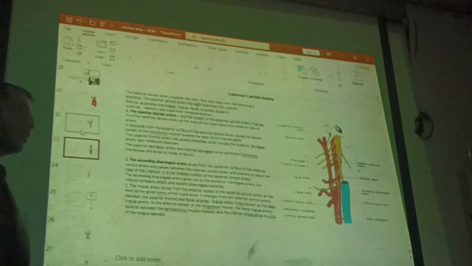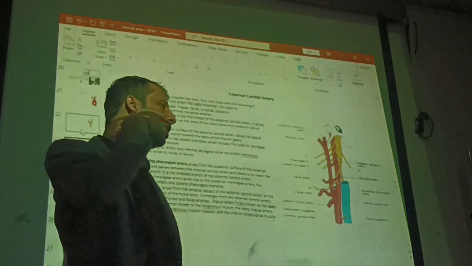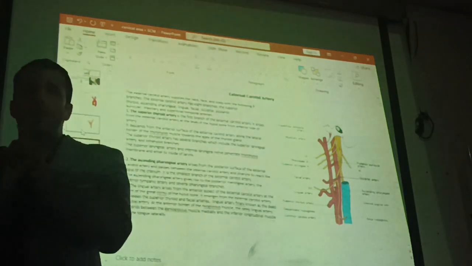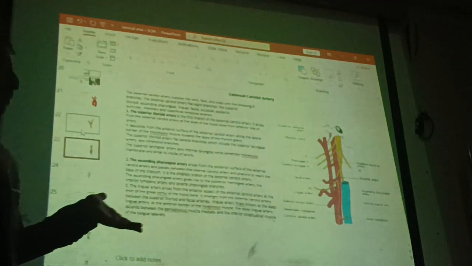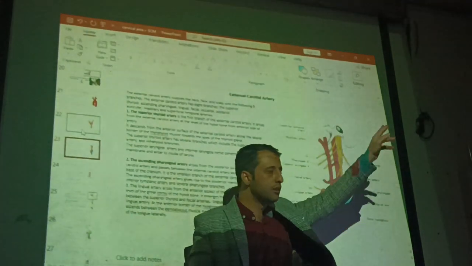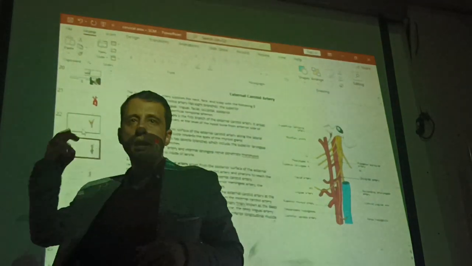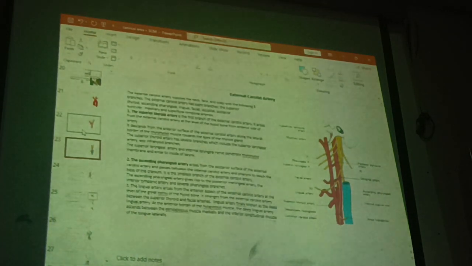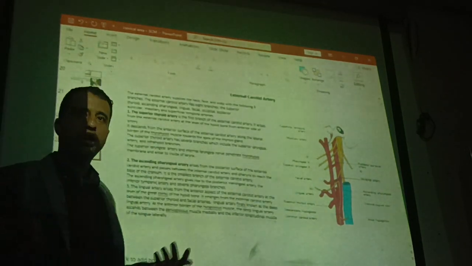When the external carotid artery arrives at the posterior surface of the parotid gland, it divides into two terminal branches. One is named the maxillary artery and the other is the superficial temporal artery.